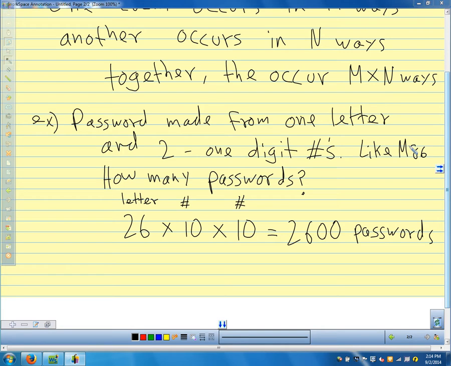All right, what if the problem was a little bit different? What if we have no repeated numbers?